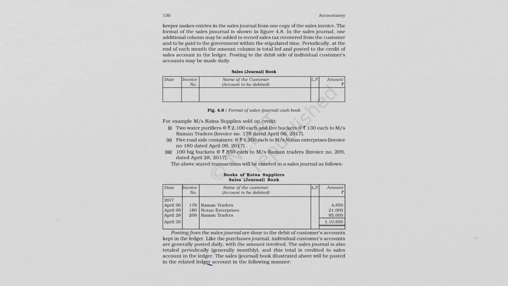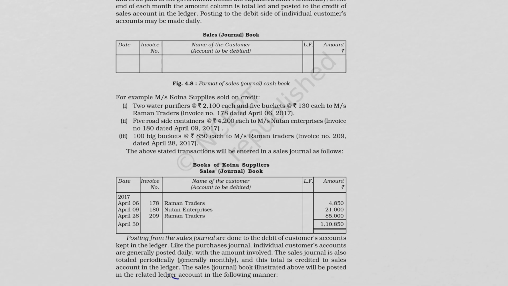Now let us understand the format of sales book. The sales book contains the following columns: date, invoice number, name of customer, ledger folio, details and amount. Let us understand each column carefully. Date records the date of transaction. Invoice number column records the sales invoice number, which helps in cross checking.